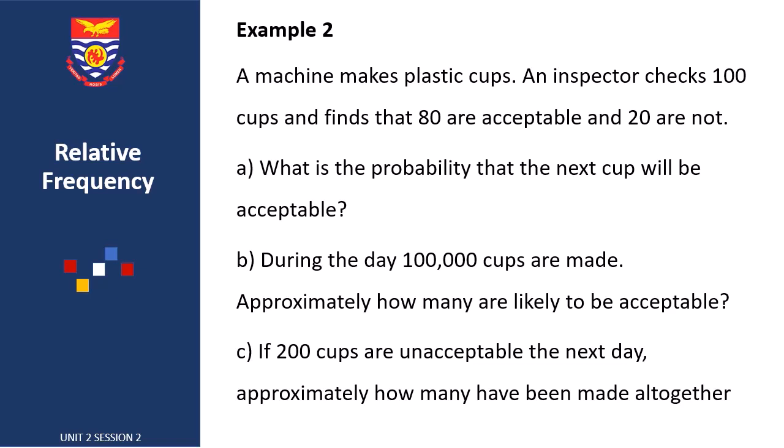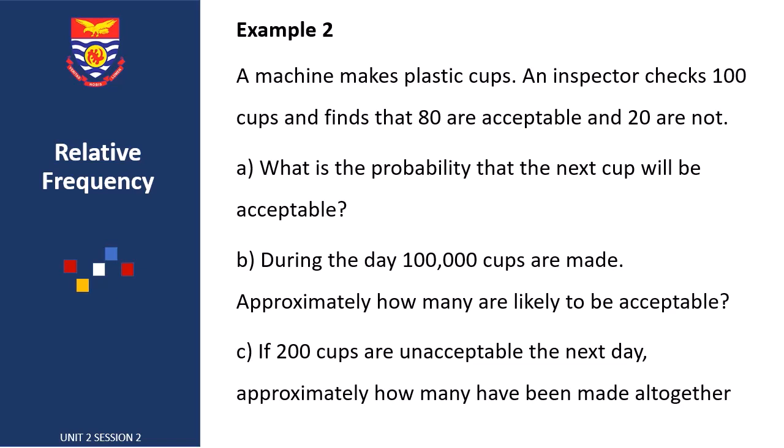B, during the day, 100,000 cups are made. Approximately, how many are likely to be acceptable? And C, if 200 cups are unacceptable the next day, approximately, how many have been made altogether? Quite an interesting question, right?